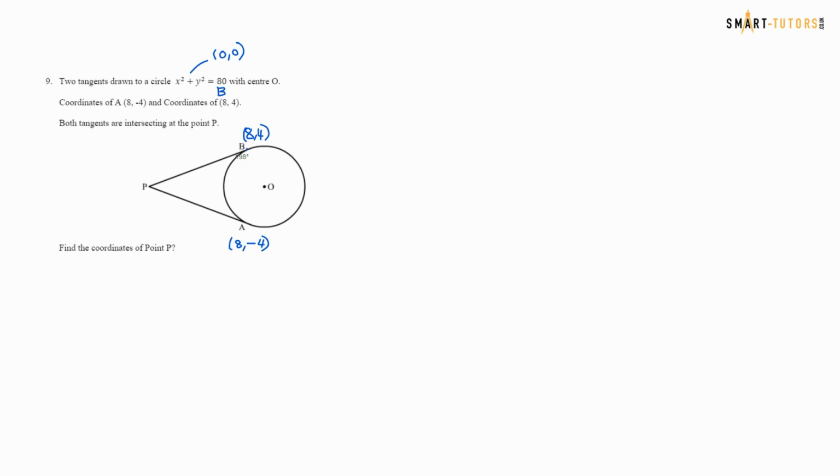The angle is 90 degrees because the radius and the tangent are perpendicular. Start with the gradient of OB, which is 4 minus 0 over 8 minus 0, so half.